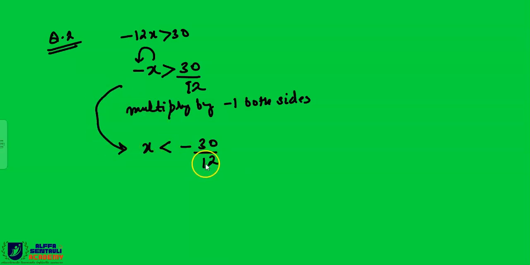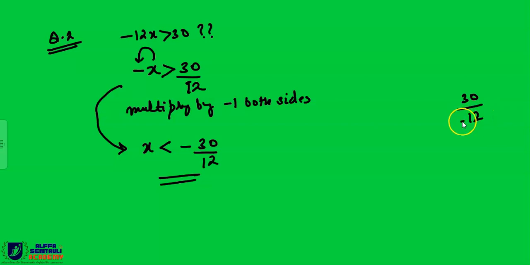So now you have to solve for this part, not this part. The answer of this part will actually be the answer of this part only. Now you have to find all the numbers x which are less than minus 30 by 12. So what is the rough value of minus 30 by 12?